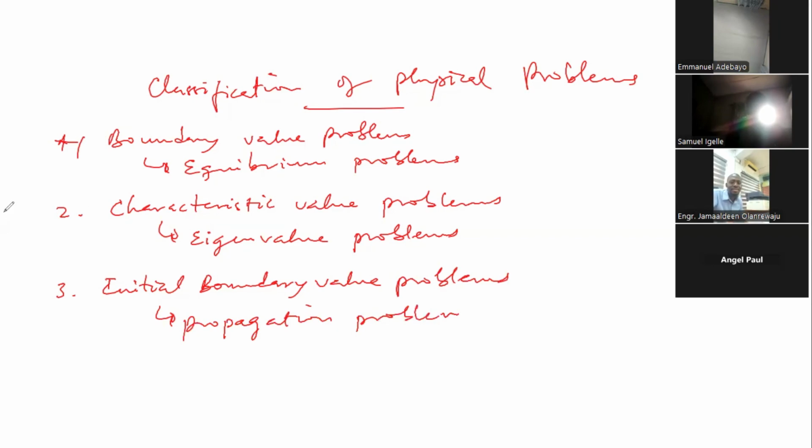Now, from study, we've been able to realize that the bulk of what we address as problems in the engineering field fall within these three categories. So I think we'll try to explore them one by one. From the equilibrium problem to the eigenvalue problem, and then to the propagation problem.